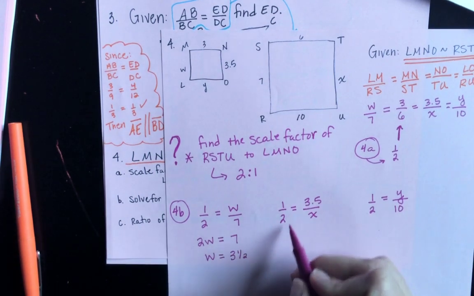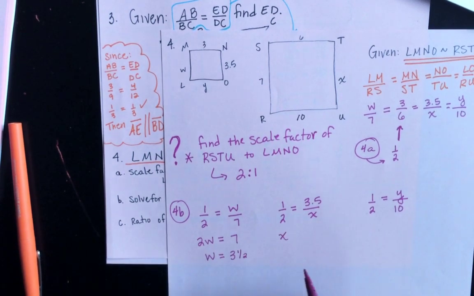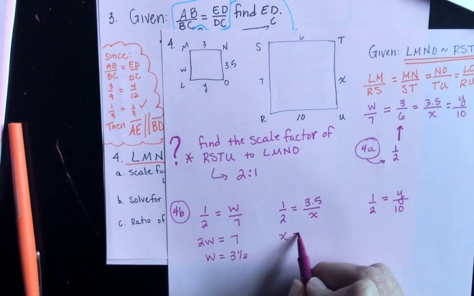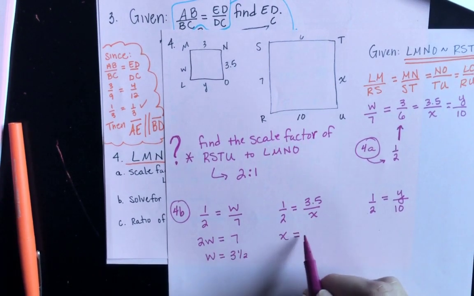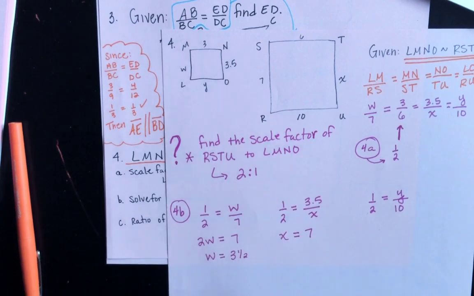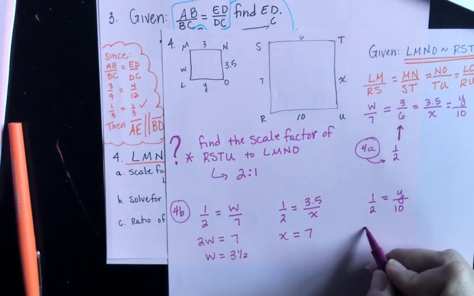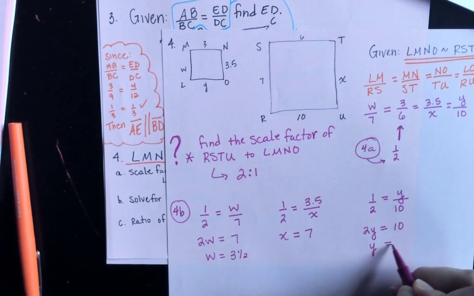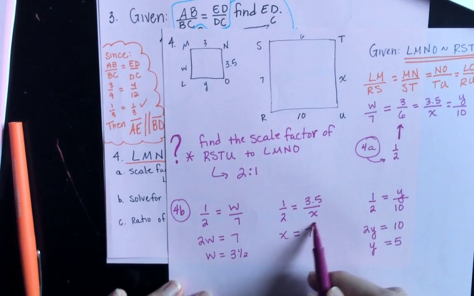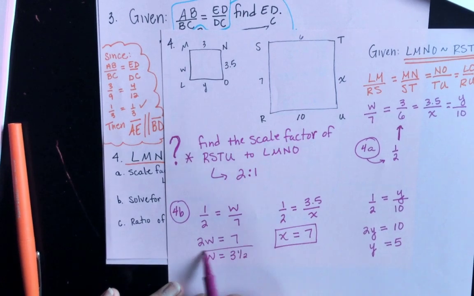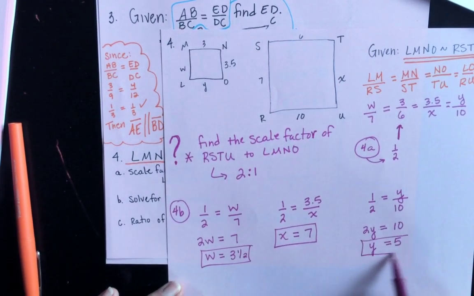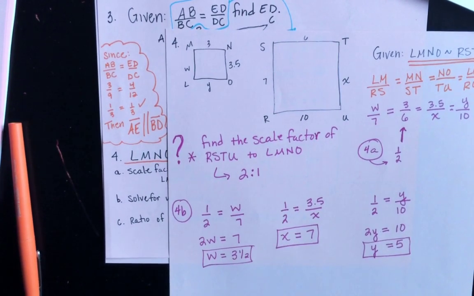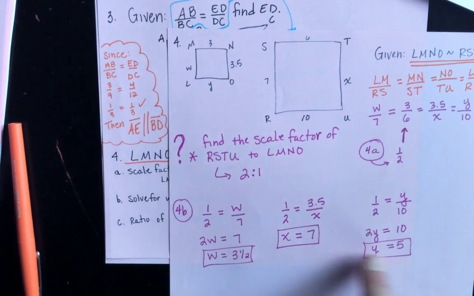Over here, when we cross multiply, 1 times X is X, and this would turn into 7. And then 2Y equals 10, so Y is 5. And so we found each of these by using our scale factor to set up the proportions.